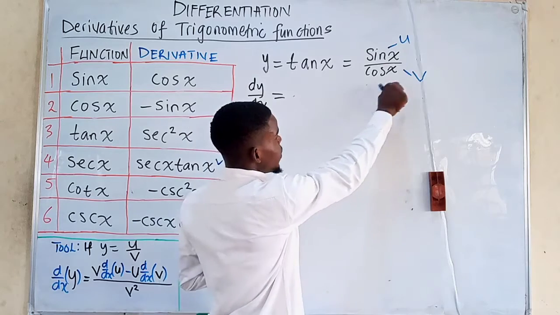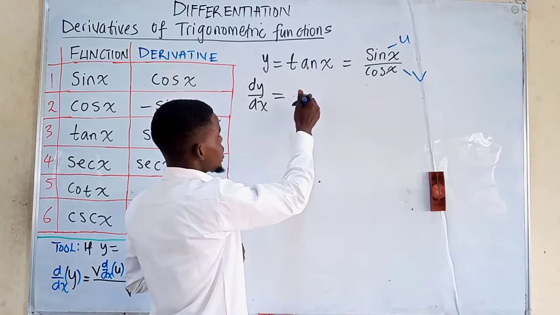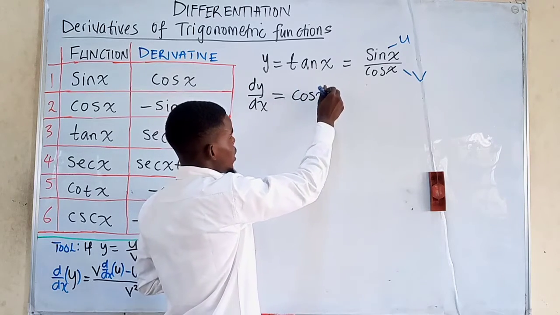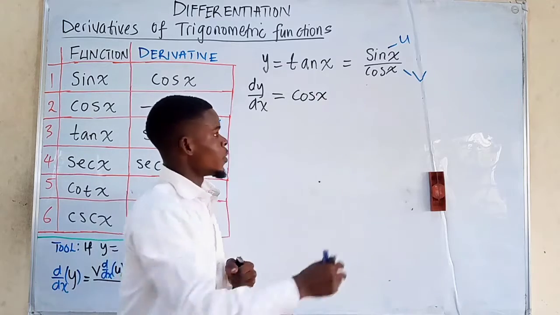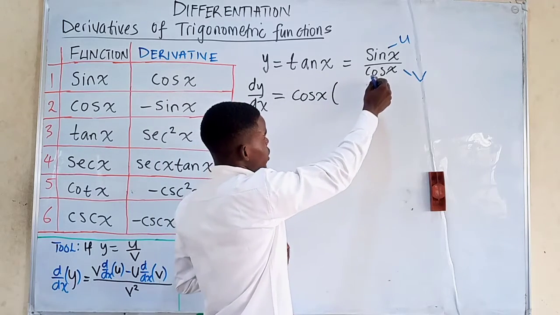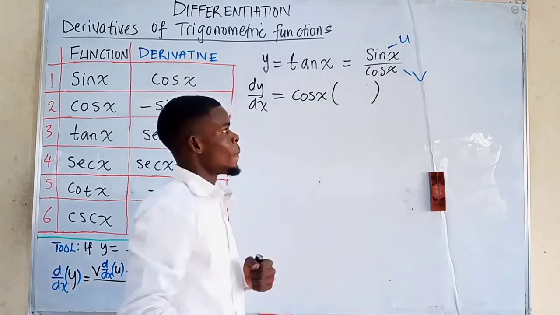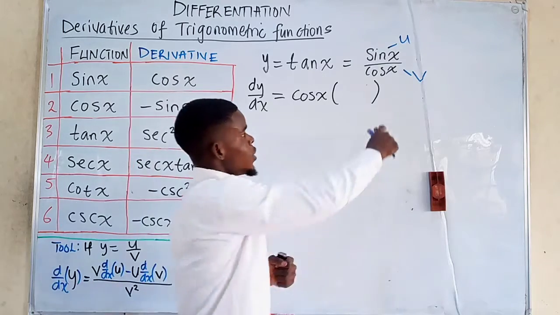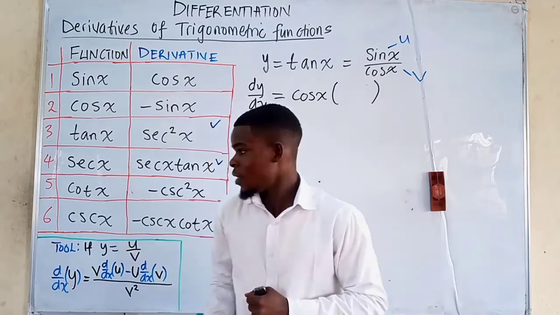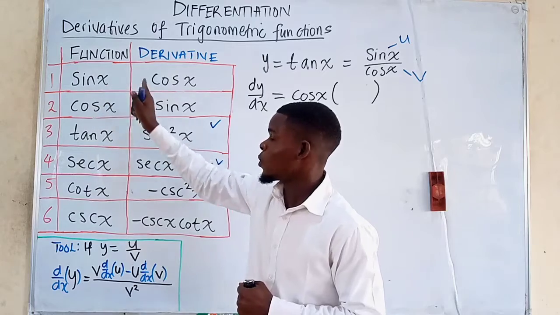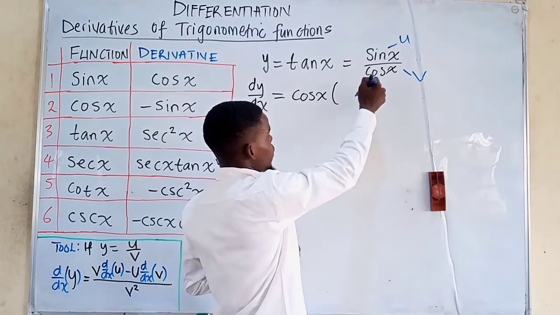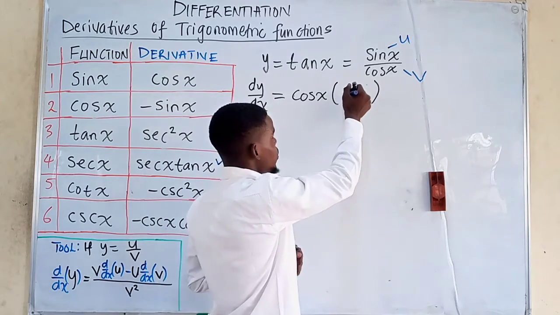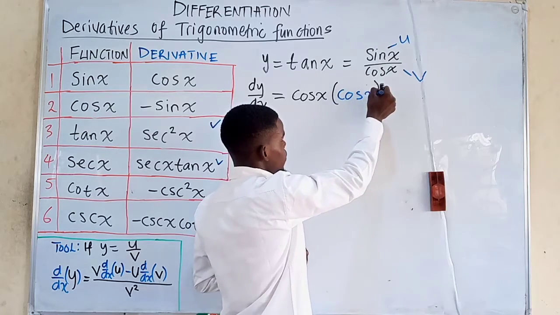So we keep the v, where the v is just cosine of x, and then differentiate the u, all right? So we're going to multiply it with the derivative of the u. Now, the u here is sine x. The derivative of sine x is cosine of x, all right? So in place of the derivative of sine x, I'm going to put down cosine of x.